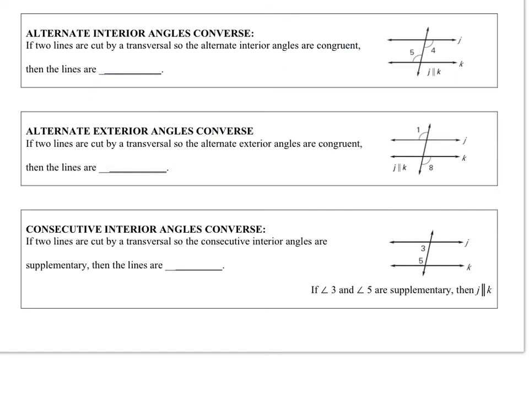The alternate interior angles converse states that if two lines are cut by a transversal, so we have two lines J and K, and the transversal here, so the alternate interior angles are congruent. So if these angle 4 and angle 5 are congruent, then these two lines are said to be parallel.